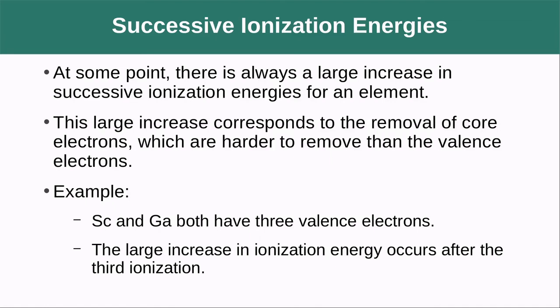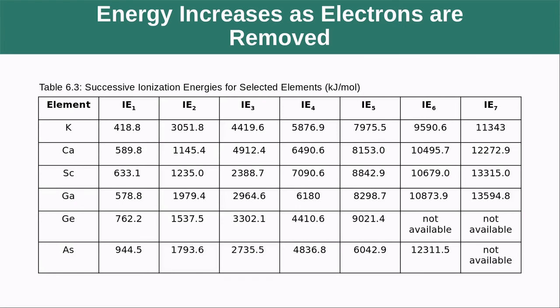So it'll give up those 3 valence electrons, but it doesn't want to give up that 4th, core electron. And here we have a table with some common elements and their successive ionization energies. You can see that there is a steady increase as you move to higher and higher ionization energies.